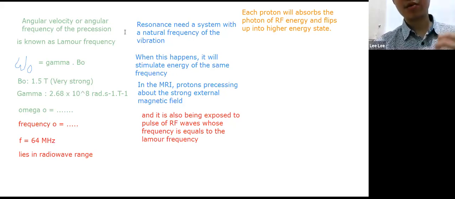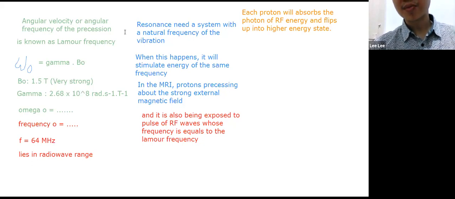But when you apply the electromagnetic wave in the range of the radio wave frequency, the protons that at first go along with the field will have the ability to go against the field. They have the energy to go against the field. Where do they get the energy from? From the resonance process, because the resonance process will cause them to have a greater amplitude, right?